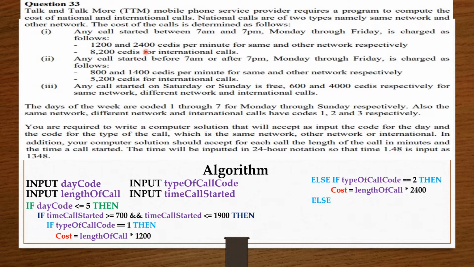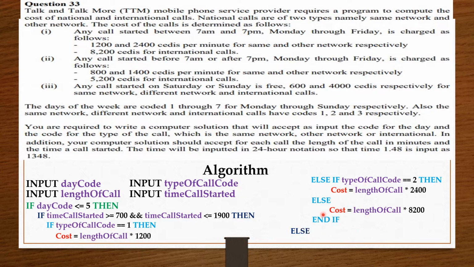Else, that is if it's not 1 or 2, then the cost of the call is the length of the call times the charge for international calls. So the overview is that if you are making a call between Monday through Friday and the call is between 7 a.m. and 7 p.m., then depending on the type of call, these are the costs.